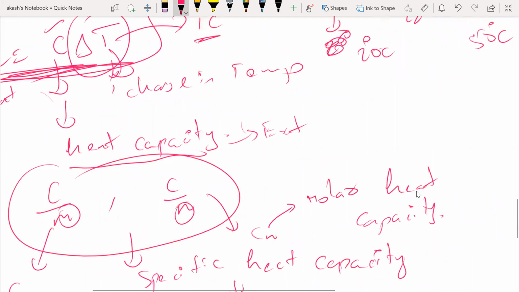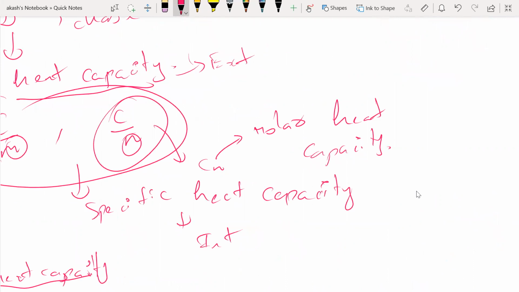Right? Okay. So in the same way, can we define this one? That is your molar heat capacity we will define. Molar heat capacity. We are defining this term. The definition goes like this.